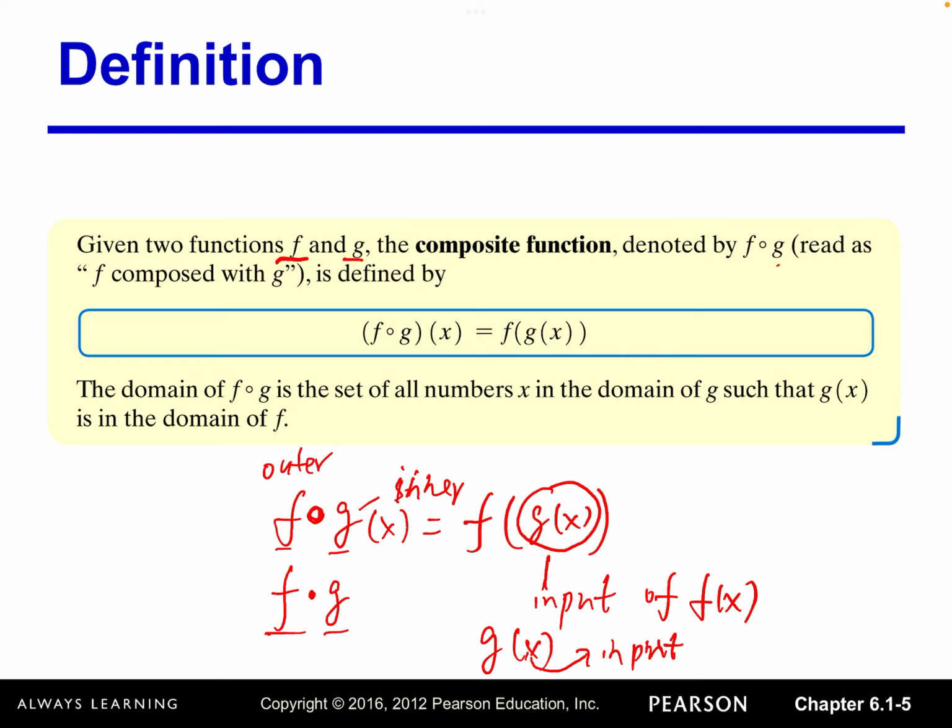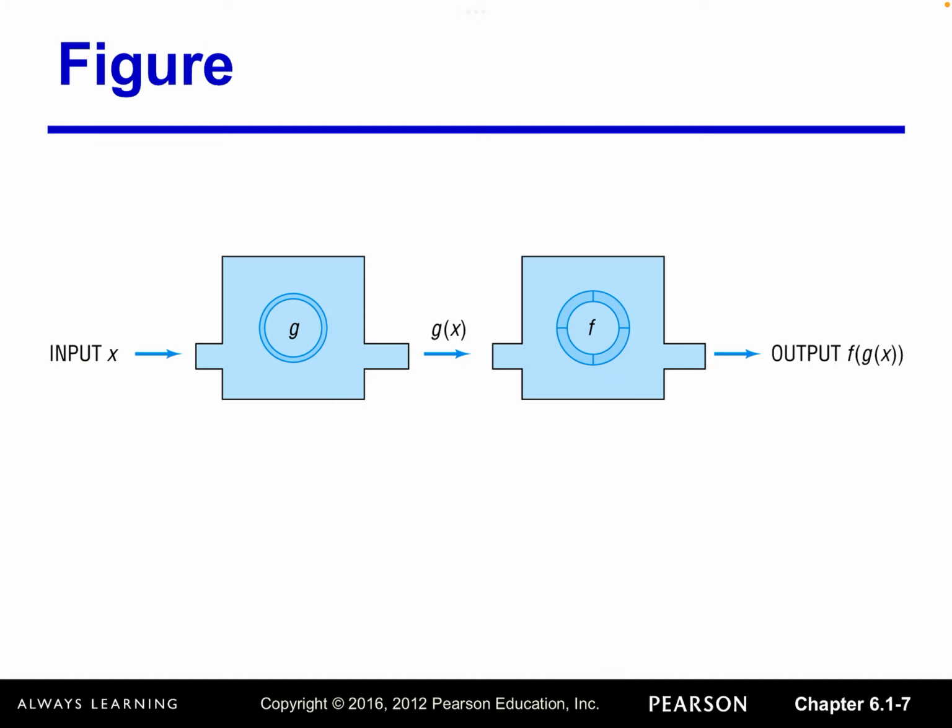So we go through two functions. The input x goes through the inner function g of x first, and then goes through the outer function f. There is a figure that illustrates this. The input, the independent variable x, first goes through function g. The output of g is g of x.